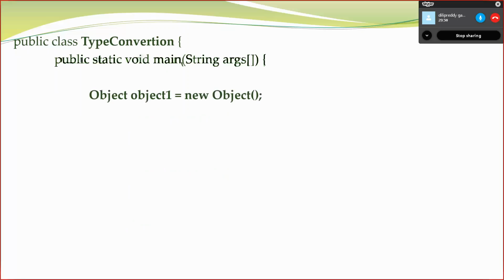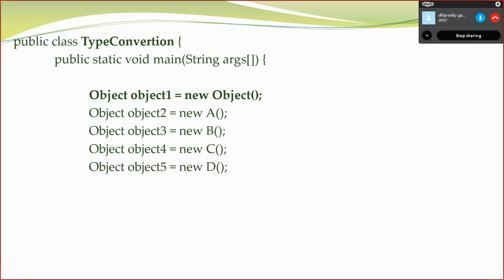These are all possible. Why are they all possible? Because every class has an IS-A relationship with Object. See, all classes.